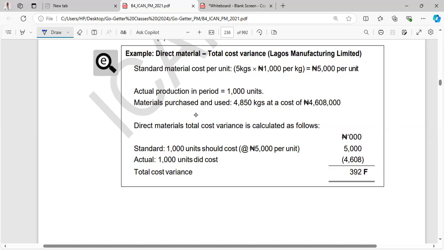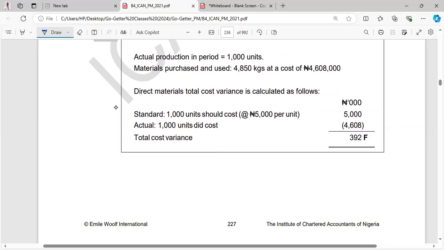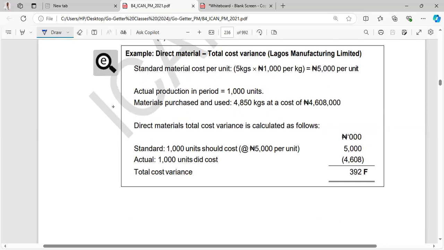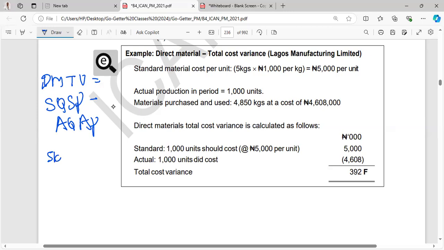If you are to apply the standard quantity, standard price, the formula here is: direct material total variance is standard quantity, standard price minus actual quantity, actual price. So what is the standard quantity? The standard quantity for 1 unit happens to be 5 kg. Now, how many did you produce?